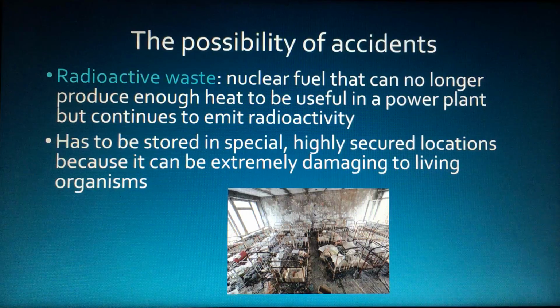It contaminated crops, and milk from cows grazing on the grass was also contaminated because of this leak of radioactive waste. This is just an example of an accident that had a very devastating impact on a community.